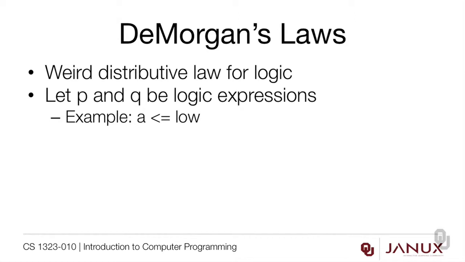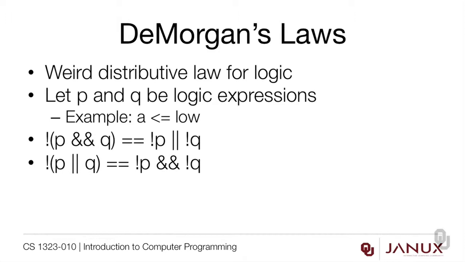Now, this is actually part of a much more general thing called De Morgan's laws. It's kind of a weird distributive type law for logic, if you studied distributive laws back in algebra. So let's let P and Q be logic expressions. So they would be things like A is less than or equal to low, or B is greater than high, things like that. Here's what De Morgan's laws are. If you take the not of P and Q, you get not P or not Q. So the thing to notice here is both P and Q get negated, and and flips to be or.